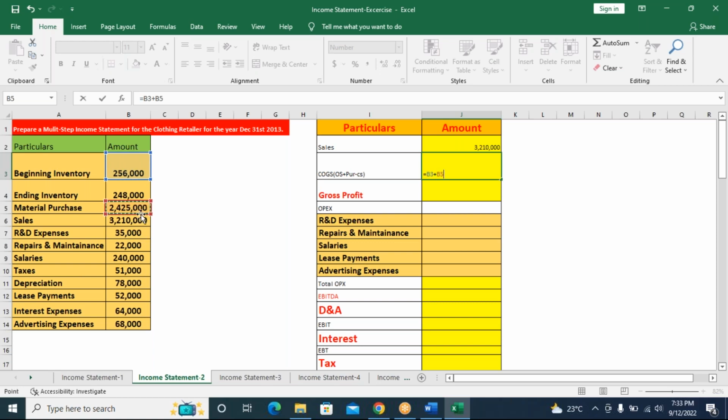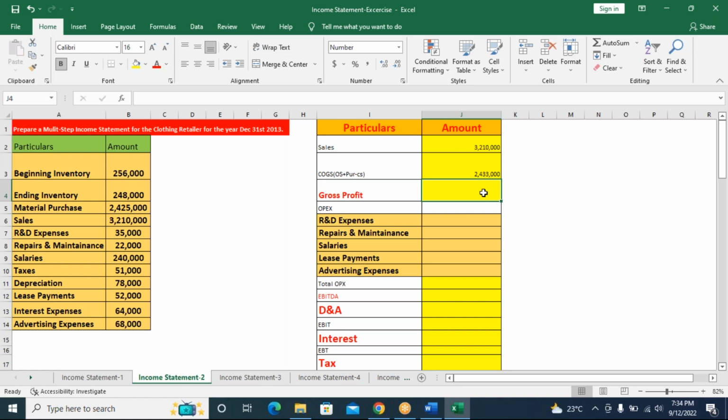Very good. So that is material purchased. Now I need to minus my closing stock. So what is the closing stock? That is ending inventory. So it is 24 lakh 33,000.